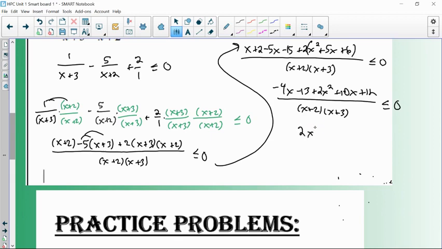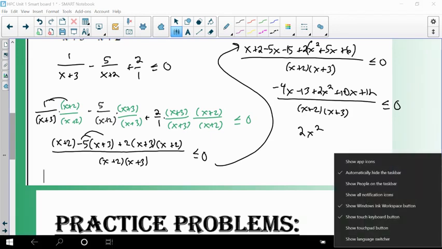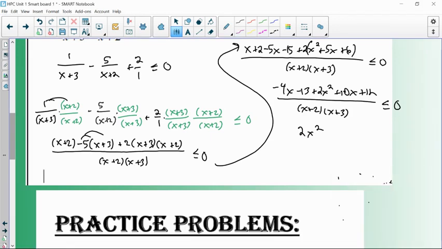We probably won't go through the whole thing because I think you get the idea here. To be honest, it won't be as complicated a problem. I just want to show you finding that common denominator. 10x minus 4x is plus 6x. And then negative 13 plus 12 is negative 1, all over x plus 2 times x plus 3.